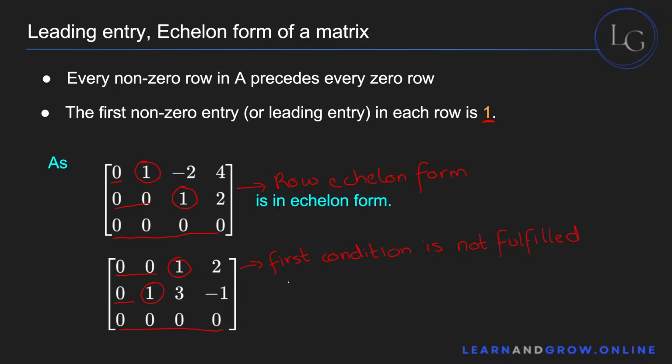Hence, it is in non-echelon form. So, if you interchange the second row and the first row in this example, then it will be in echelon form.